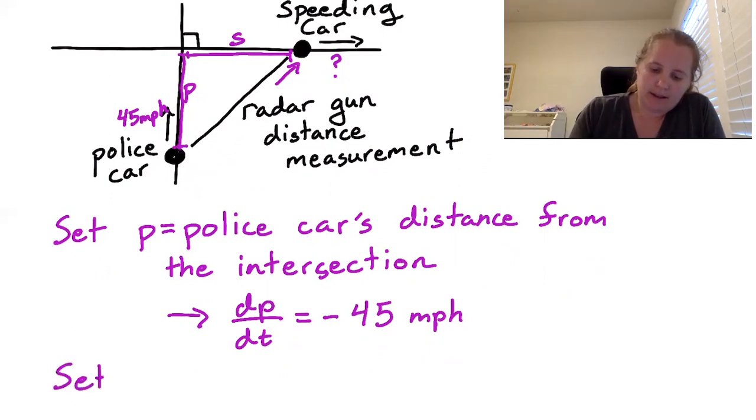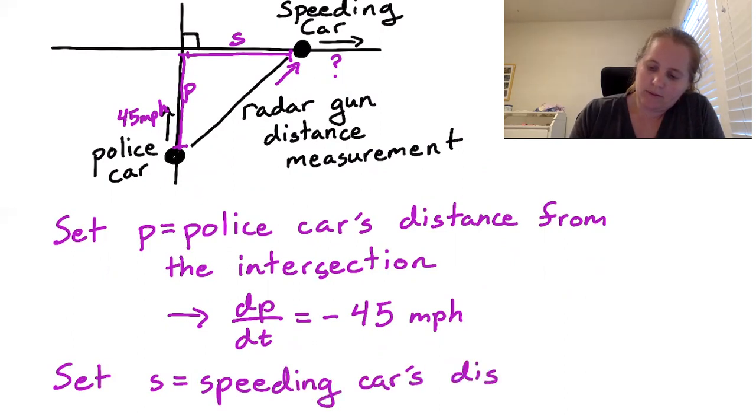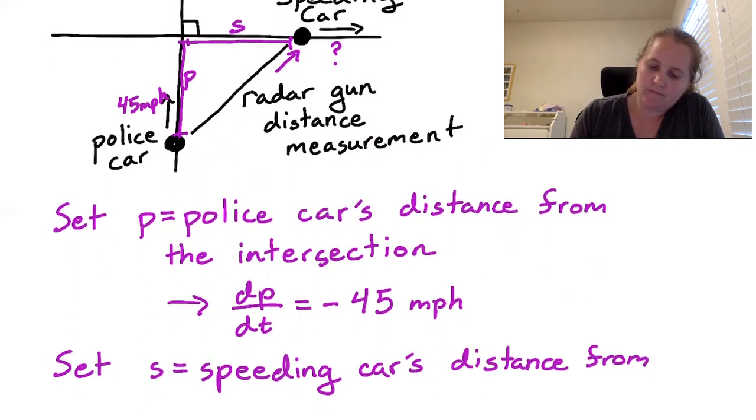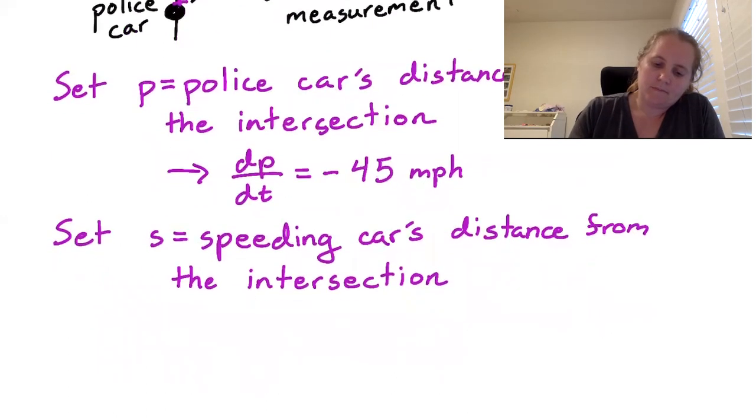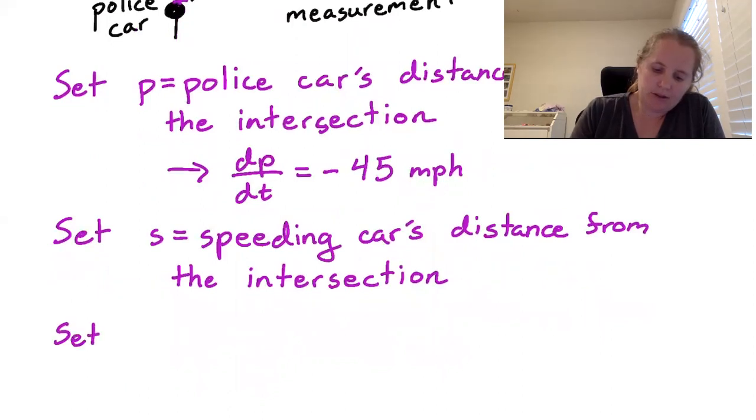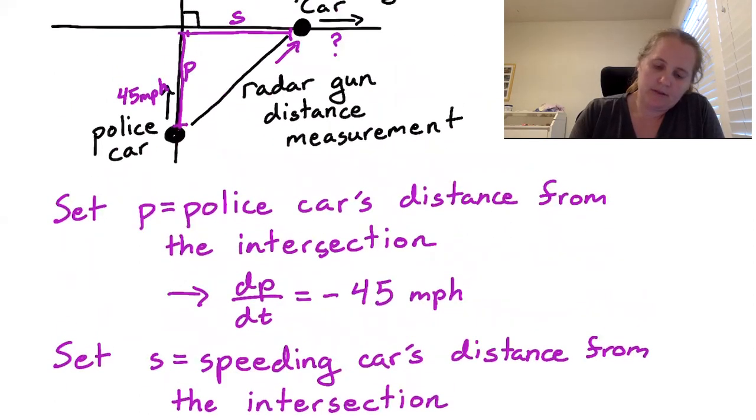So we'll set S equal to the speeding car's distance from the intersection. And then I'm going to just use R for radar gun. So this distance will be R.